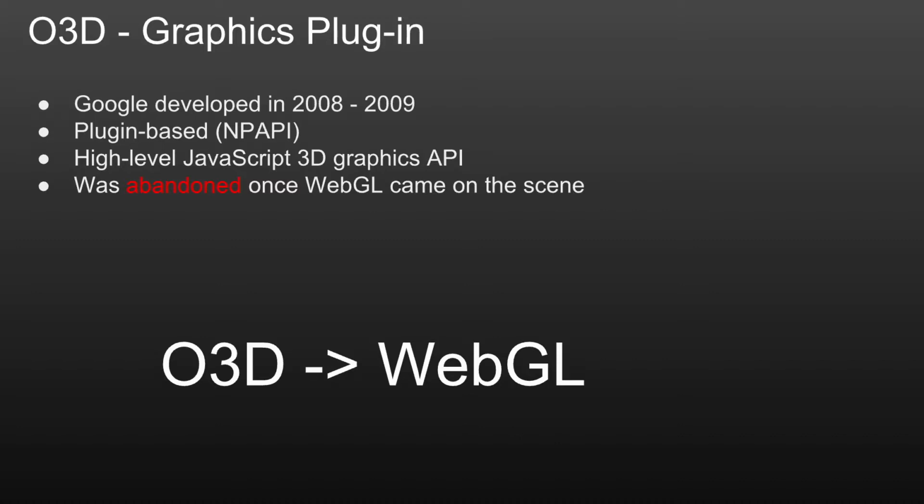And it was abandoned after a while once WebGL came on the scene, and Google realized that it was the right thing to do to switch over from a plugin-based thing to something that was web standards-based. There was a big push in Google to stop using plugins and put more resources into web standards.